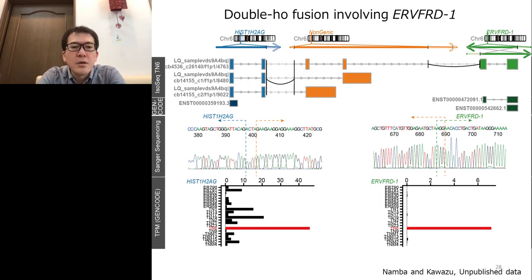We confirmed the existence of a double hop fusion involving ERVFD1 by Sanger sequencing of PCR amplicons.